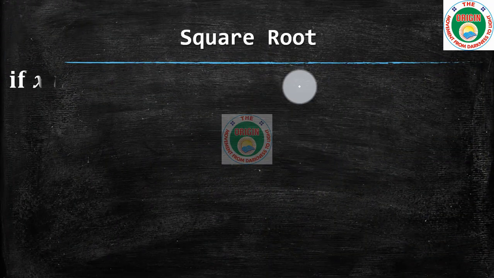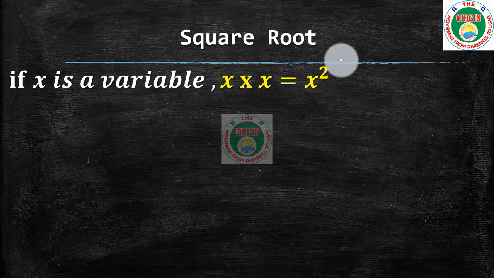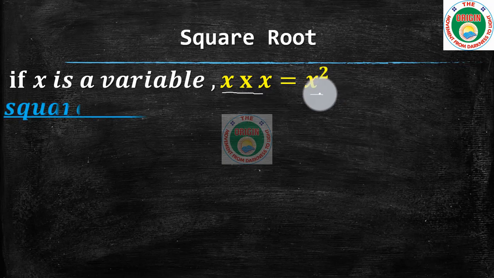Square root. Square is completed. Now square root. If x is a variable, x multiplied 2 times is x square. Square root is nothing but the inverse operation of a square. We are multiplying x into x equals x square.